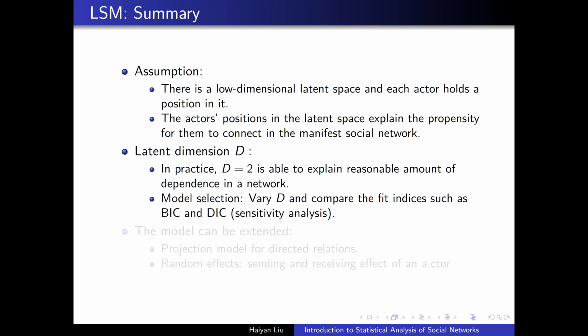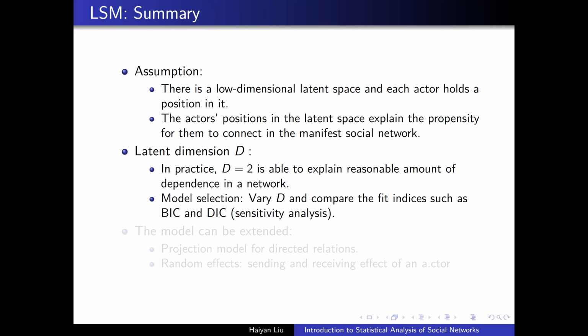When fitting a latent space model, we need to determine the dimension of latent space D. In practice, a small D such as D equals 2 is already able to explain a reasonable amount of dependency in a network. However, we could also adopt a model selection procedure by varying D and then comparing fit indices such as BIC and DIC.